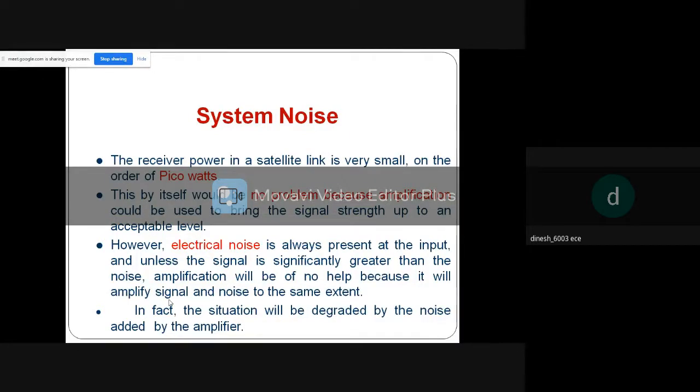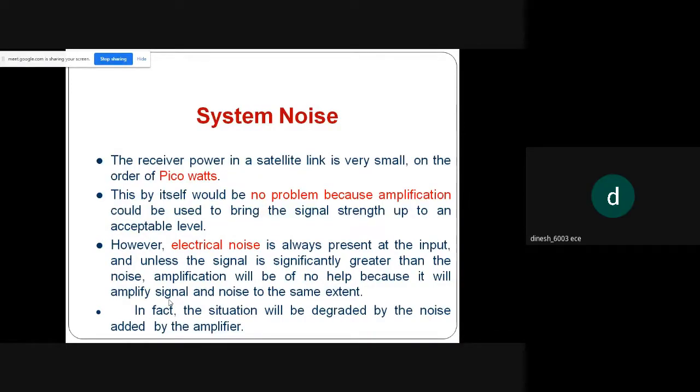Unless the signal is significantly greater than the noise, amplification will be of no help, as it will amplify the signal and noise alike. In fact, the situation will degrade by the noise added by the amplifier also.